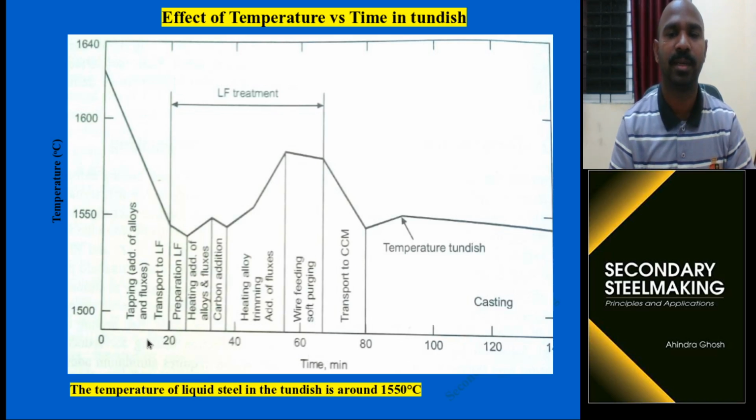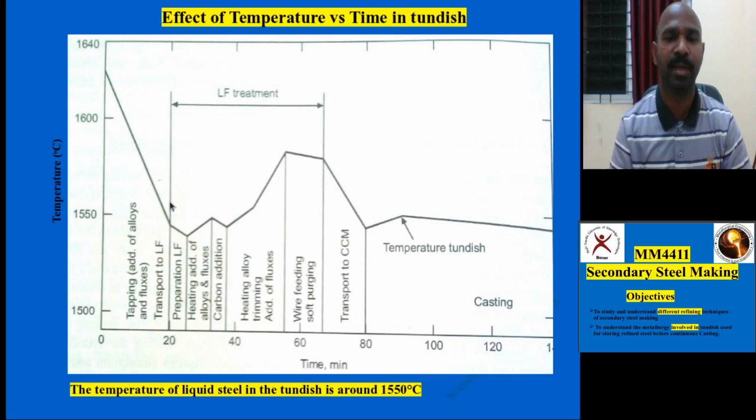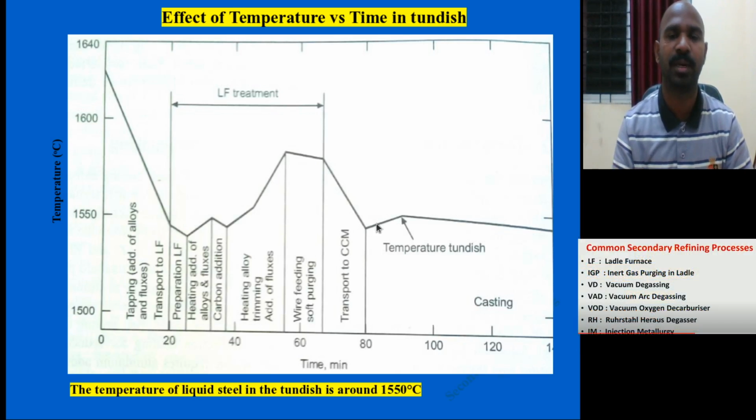It will take this much amount of time. At the ladle it is around 0 minutes, when it is moved to the ladle furnace treatment it is 20 minutes, and about to go to the continuous casting mold from the tundish it will be around 80 minutes.